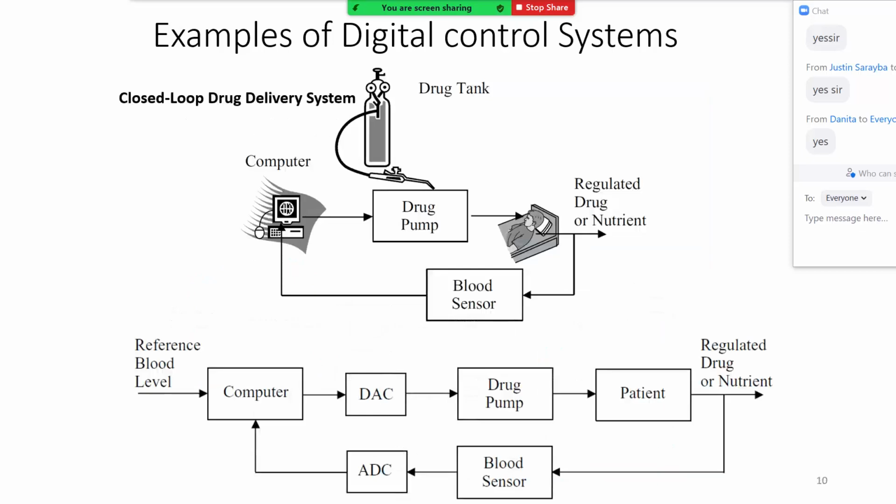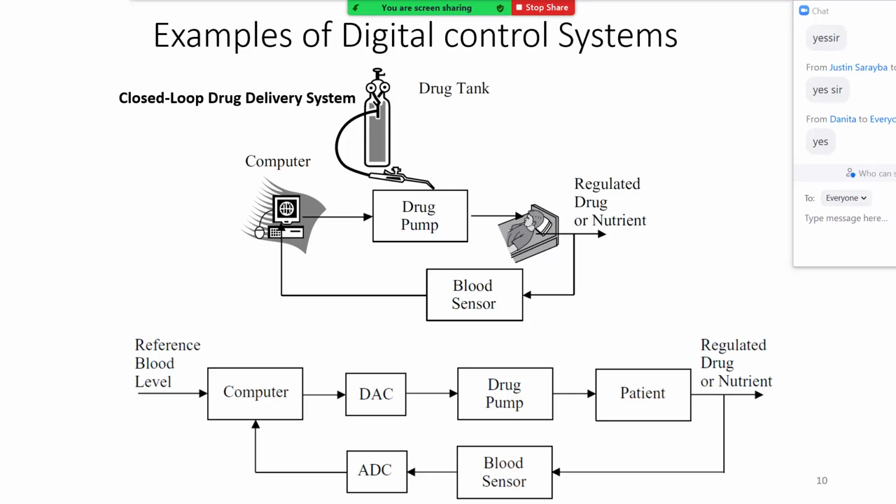Another example, in medical applications, is drug delivery. Again we have a computer with a reference level, and we have a patient where we measure, using blood sensors, whatever drug we're trying to apply.